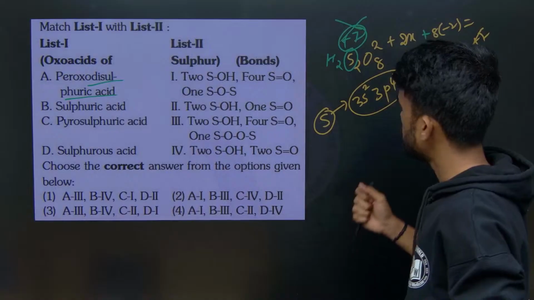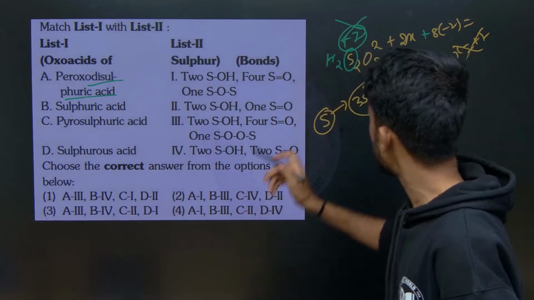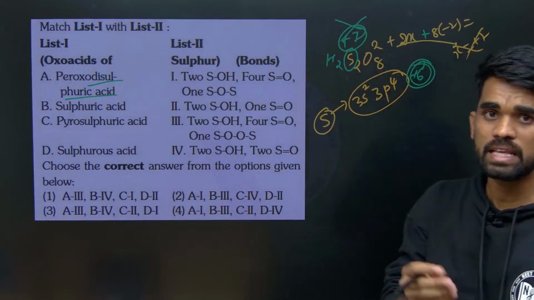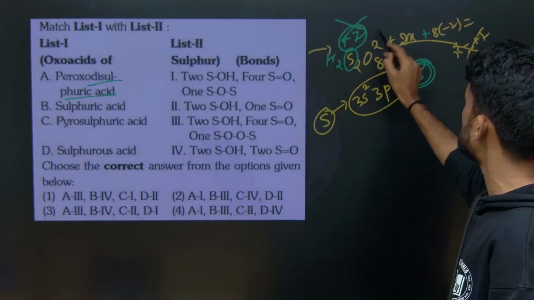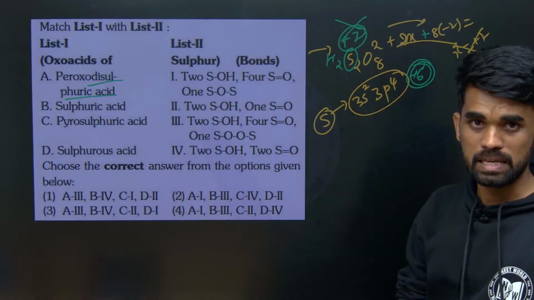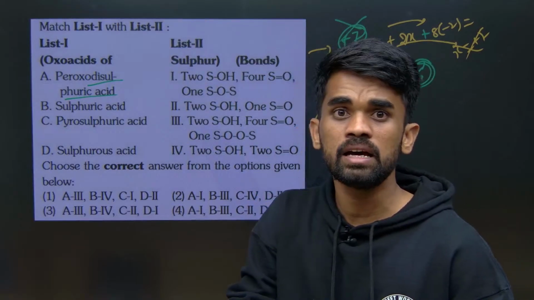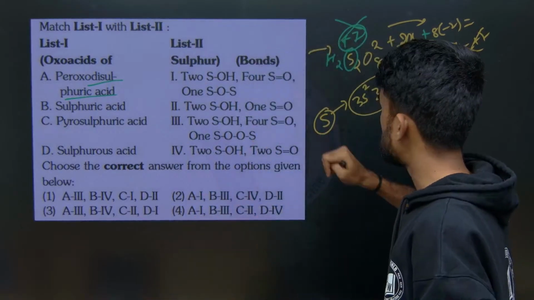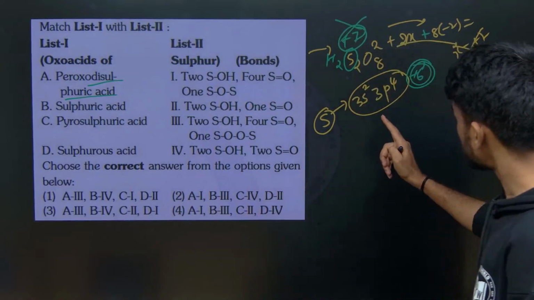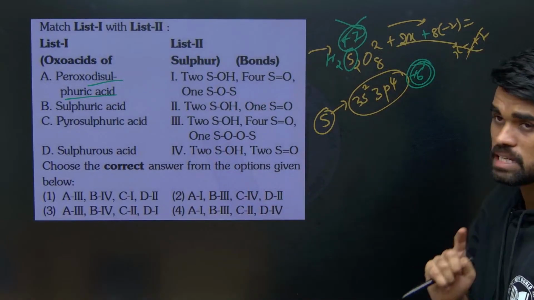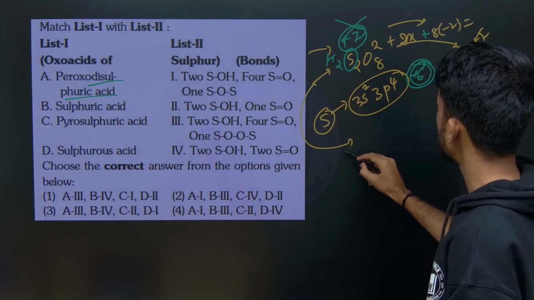Whenever the average oxidation state from this normal calculation is greater than the maximum oxidation state shown by that particular element, there exists some peroxy linkage. Therefore, in this molecule, a peroxy bond is present.